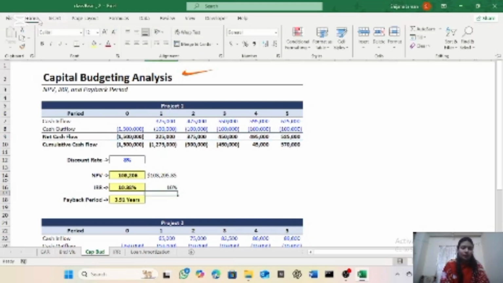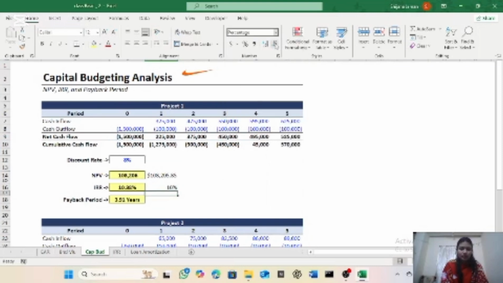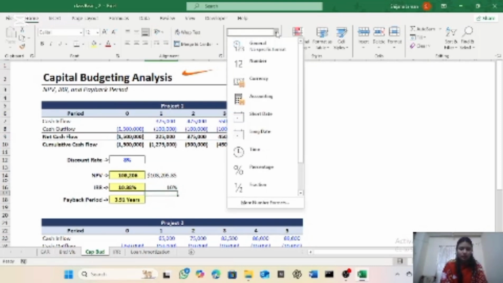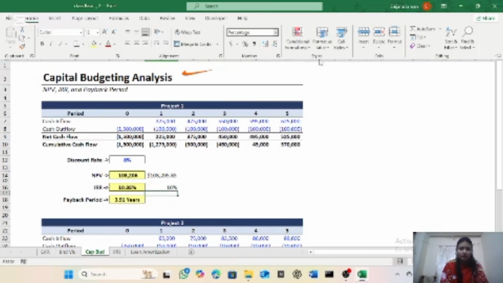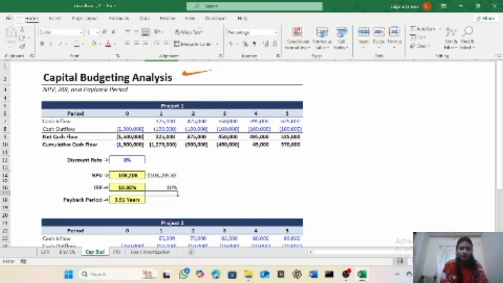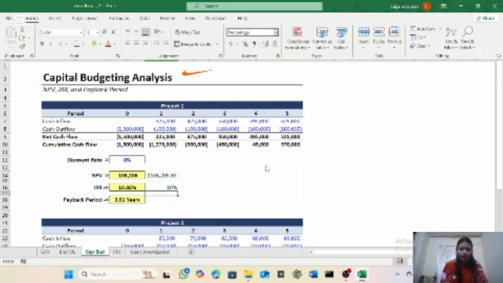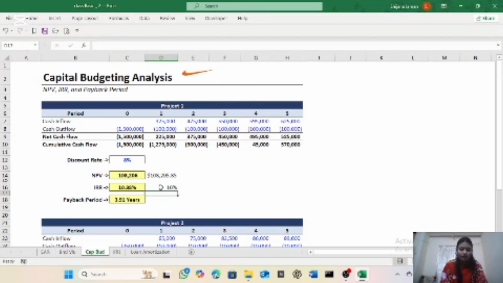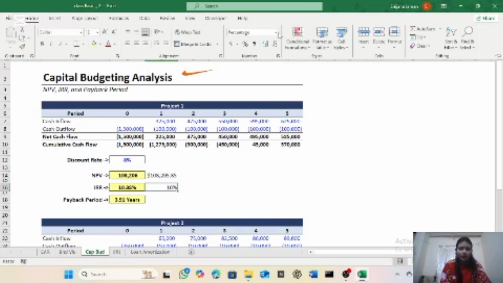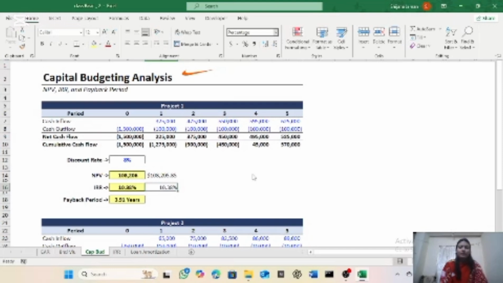If we convert it into percentage, now we have converted it into percentage, 10.38%.